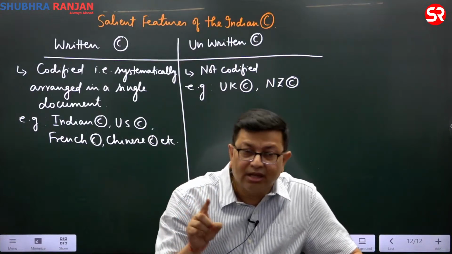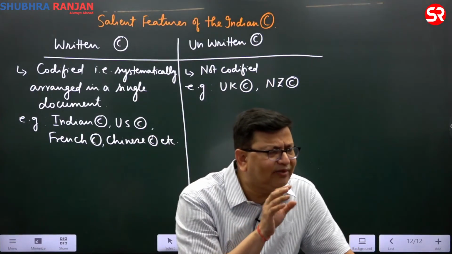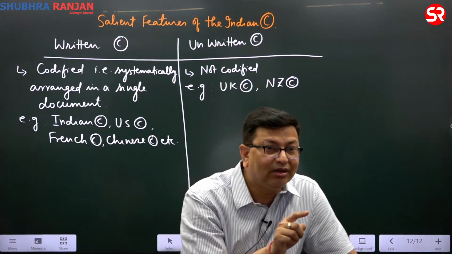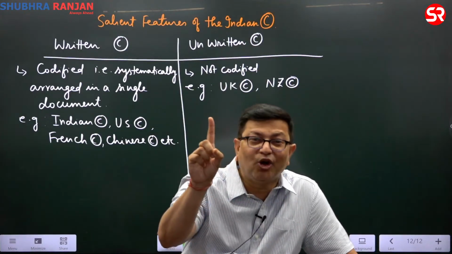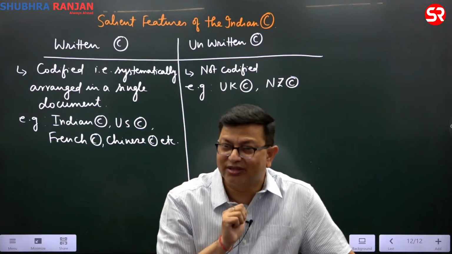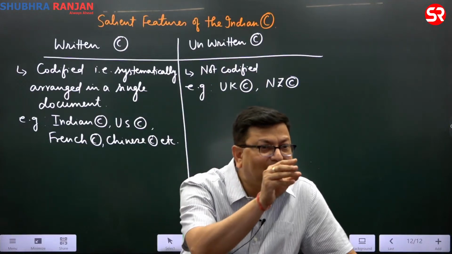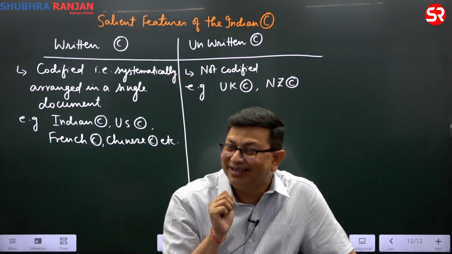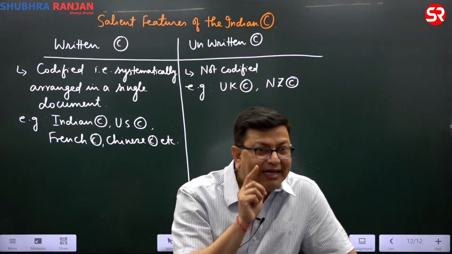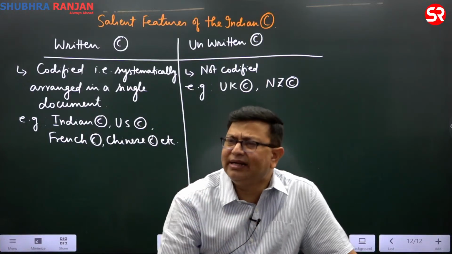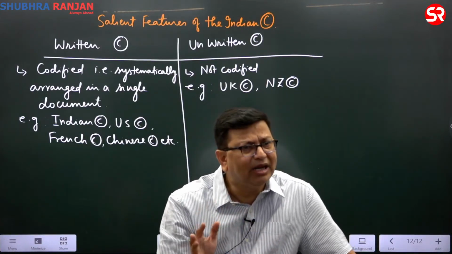But in an unwritten constitution, it will not mean that the things have not been written down. They have been written down, but not in one document. Different statutes are there. Statutes means law books, that is the laws made by the parliament. For example, in United Kingdom, the things have been written down.